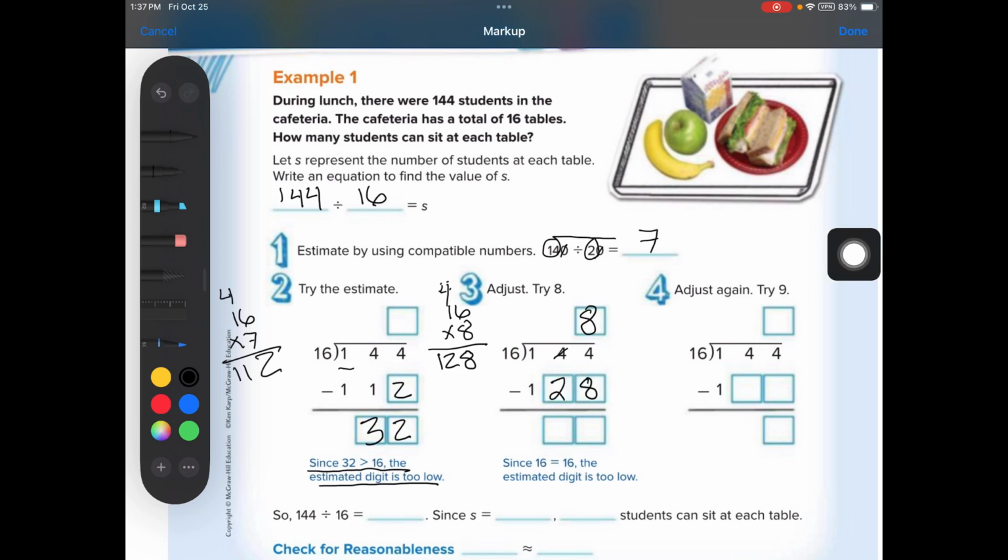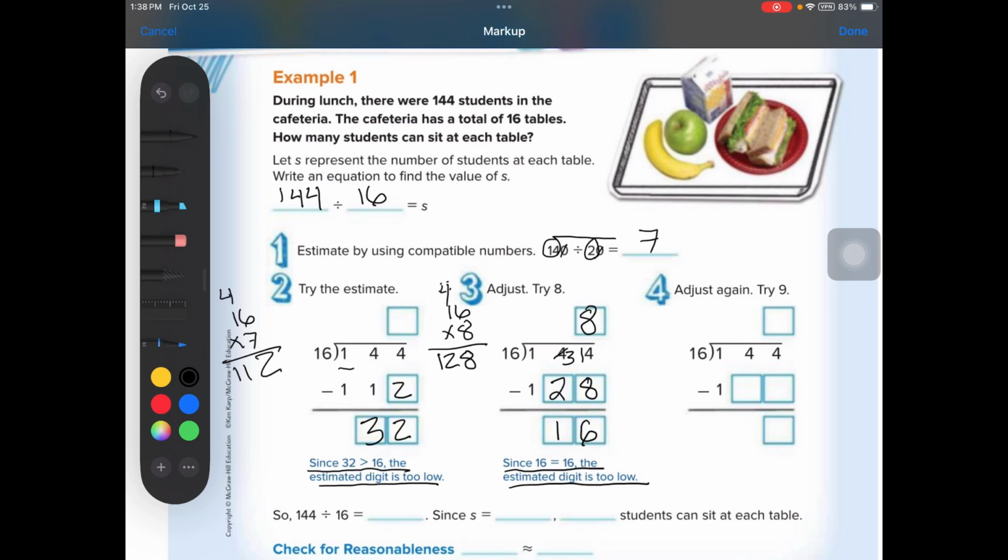So that's going to be a 3 because we're borrowing from the next door, and turn that into a 14. Now I'm going to count up and see how many is between 8 and 14. 8, 9, 10, 11, 12, 13, 14. There are 6 left. Right here is pretty easy. 3 minus 2 is just a lonely little 1. And since 16 is equal to 16, the estimated digit is too low.